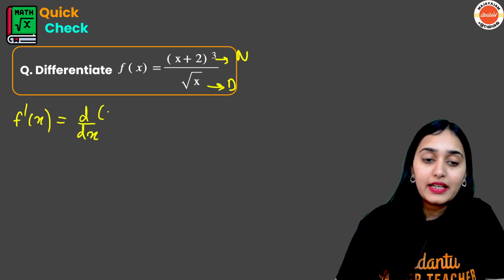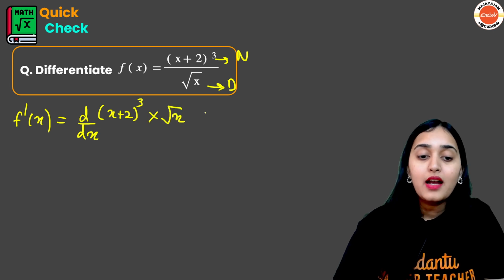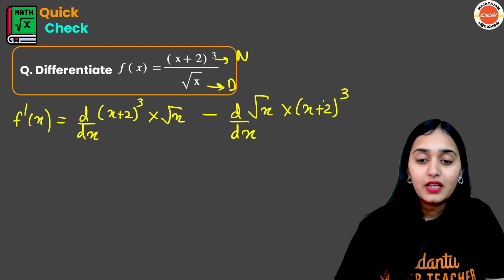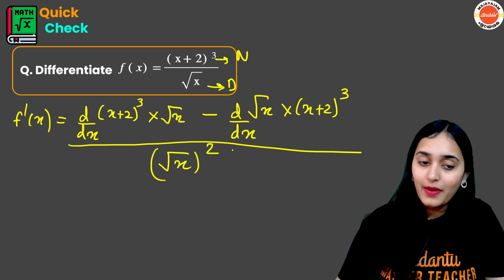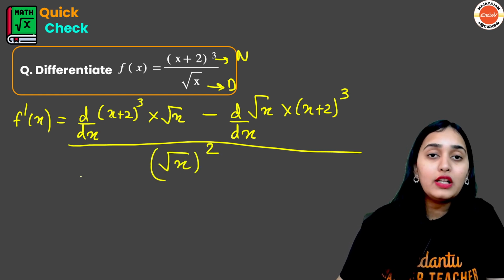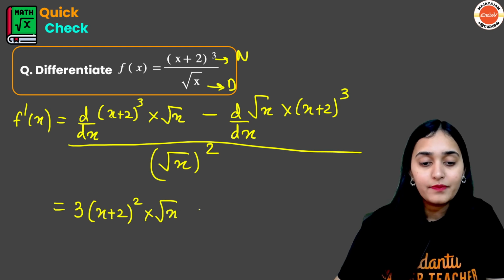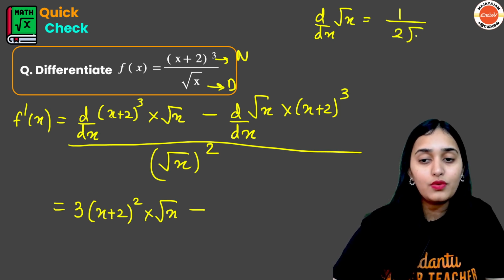Differentiate the numerator (x plus 2) whole cube, multiply denominator, minus differentiate the denominator, multiply the numerator, divided by denominator whole square. Now (x plus 2) whole cube, what is the answer? 3 times (x plus 2) whole square into root x, minus, what is the differentiation of root x? Root x differentiation is 1 by 2 root x.